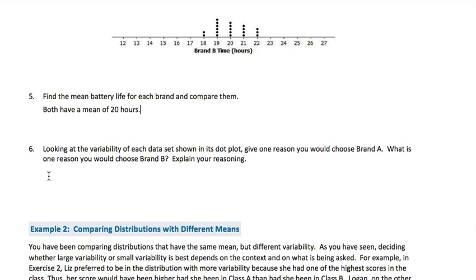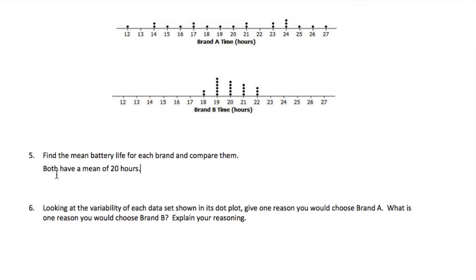So looking at the variability of each data set in its dot plot, what is one reason that you would choose brand A, and then what is one reason you would choose brand B? Well, looking at brand A, there's a possibility that the battery may last 27 hours.